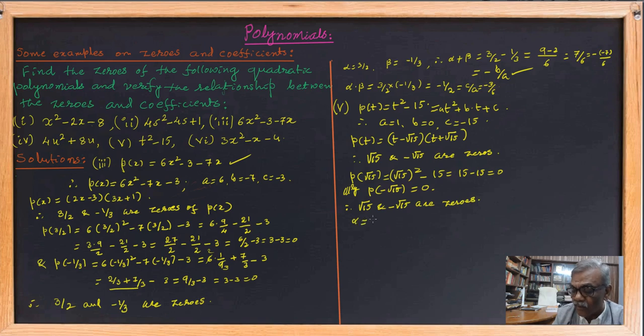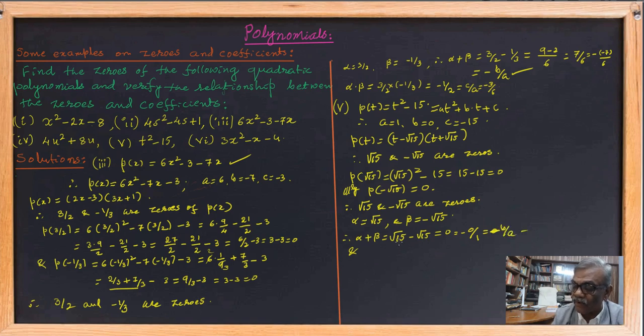Now alpha equal to root 15 and beta is equal to minus root 15. Therefore alpha plus beta is equal to root 15 minus root 15 is equal to 0, and that is 0 by 1, that is itself a 0, that is minus b by a.